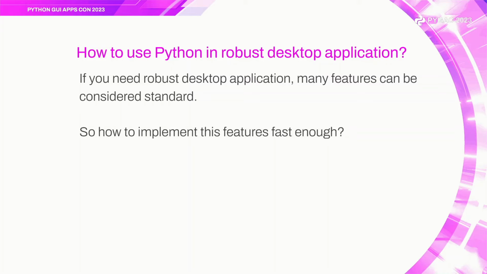So how can we implement these features fast enough, without having to worry about many different packages and many different environments, and sometimes only to cover the simple features, the main features that a desktop application needs? We have a hard time doing that in Python.